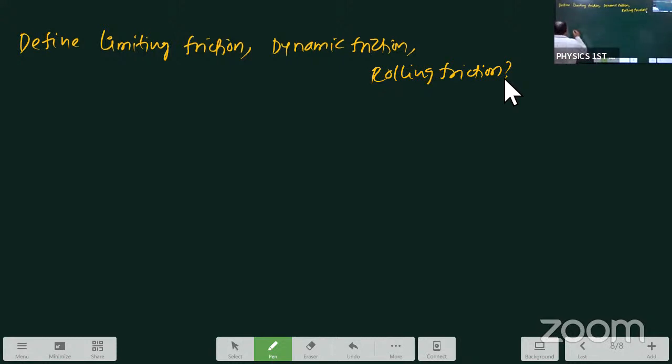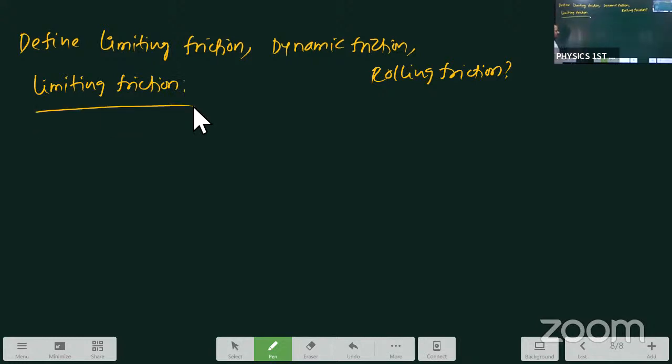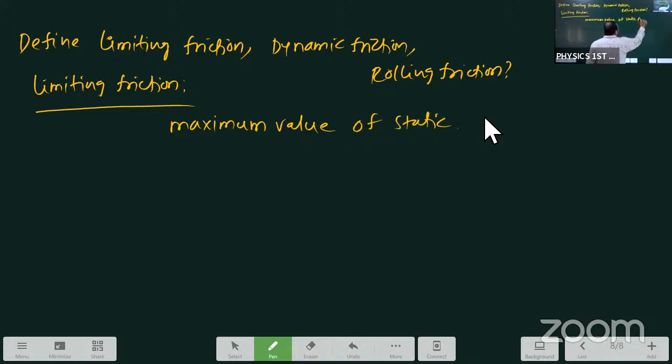First, limiting friction. Limiting friction is nothing but, student, the maximum value of static friction.